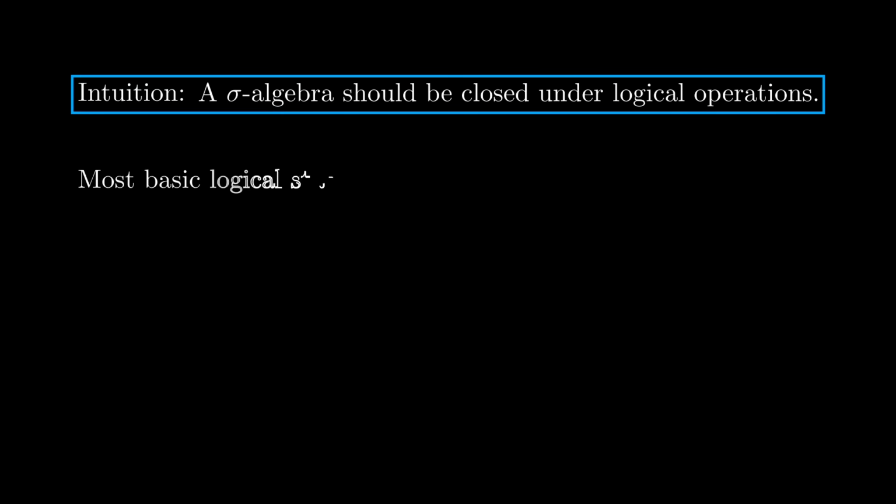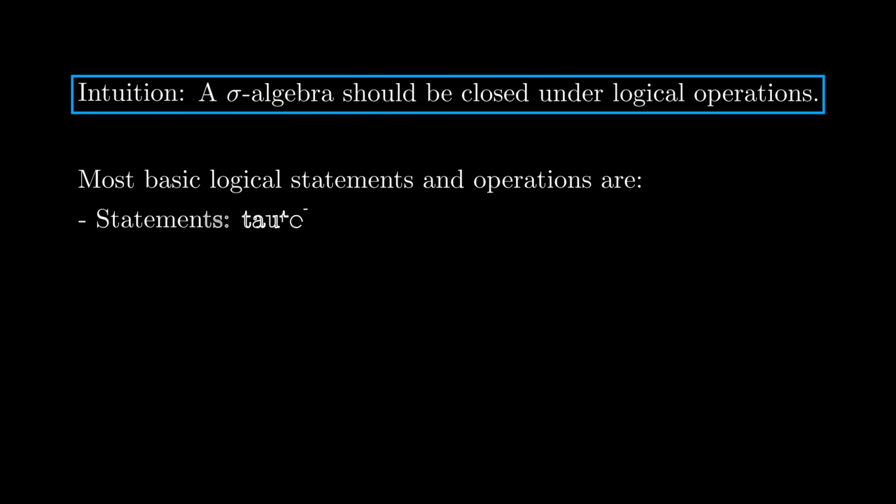So, what are the basic logical operations that we need? First of all, we need to be able to make statements at all. That means that there should be any statements to which we can actually assign a truth value. The easiest ones here are the tautology and the contradiction. That is, the statement that is always true and the statement that is always false.